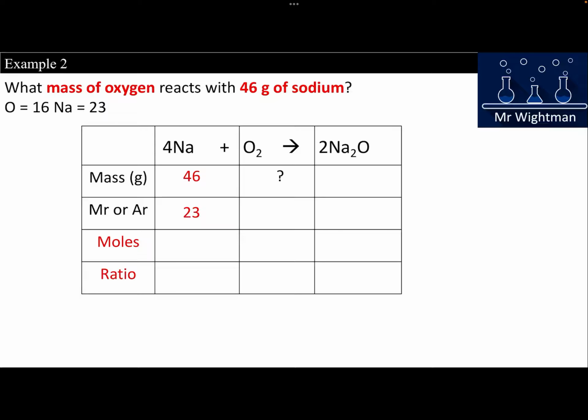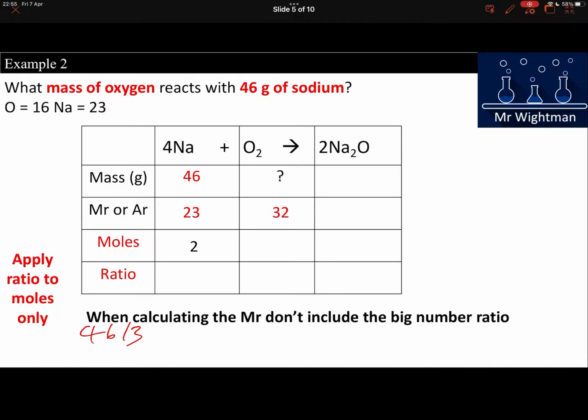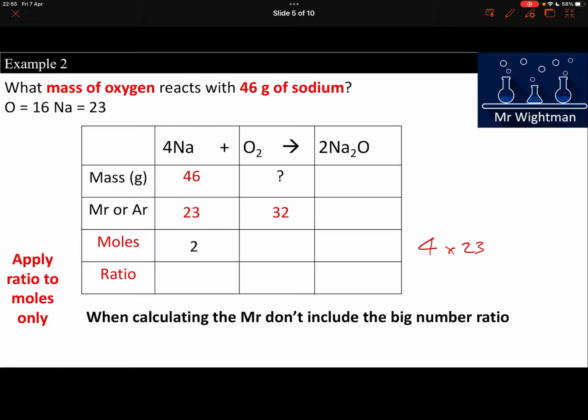And so I need to know how many moles I have. So to do this, 46 divided by 23 is going to give me 2. If I had 4 sodiums, then that would mean, in terms of moles, if I had 4 moles of sodium, rather, 4 times 23 is going to give me 92 grams as a mass, which I don't have.